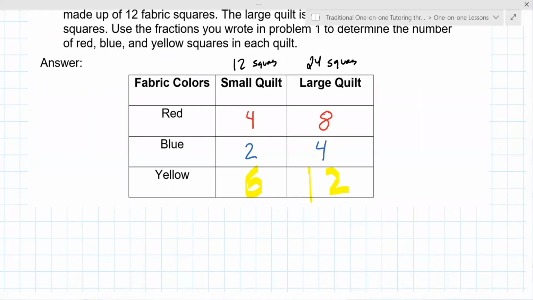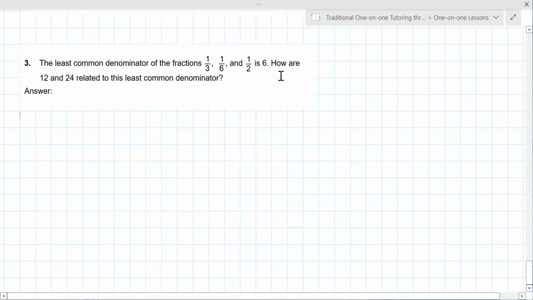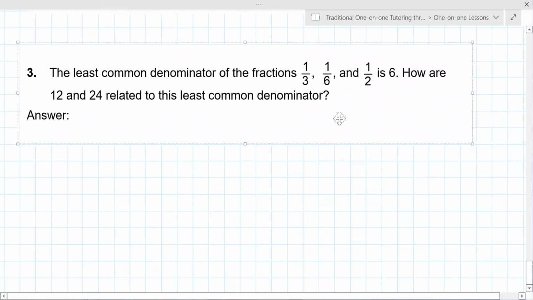Okay, so let's do the next part here. It says the least common denominator of the fractions 1/3, 1/6, and 1/2 is 6. How are 12 and 4 related to the denominator?